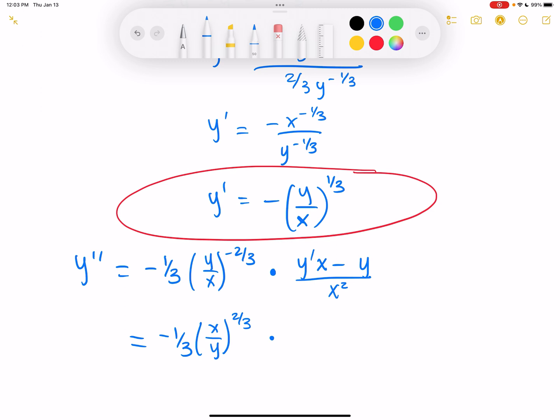So since you have the negative out front of the 1/3, and you're gonna have a negative when you plug in the y prime, your negatives will just go away. So we can just get rid of it and make your life a little easier.